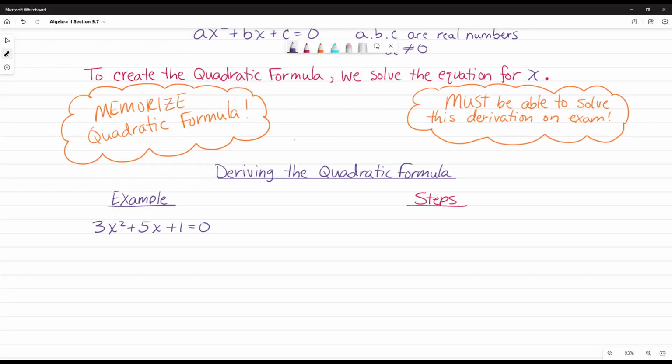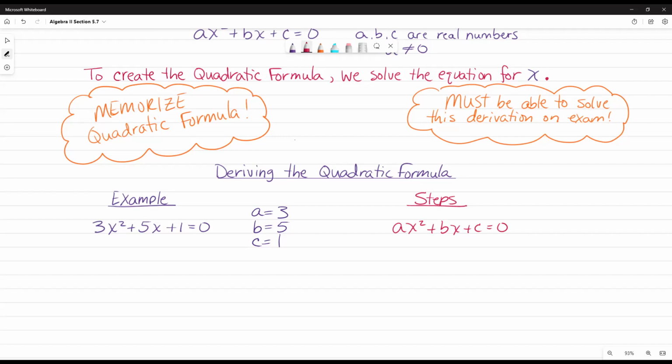All right, so in the case of this example, this one is the example we're starting off with, our basic quadratic equation. So we have A equals what? 3. B is 5. And C is 1. All right, so this is our basic ax squared plus bx plus c equals 0.